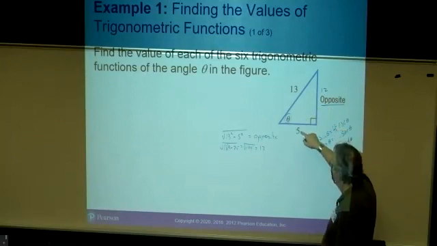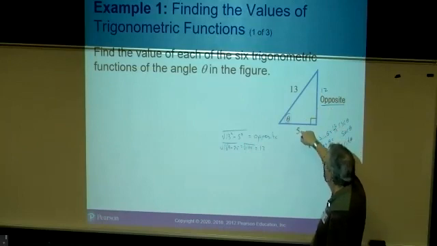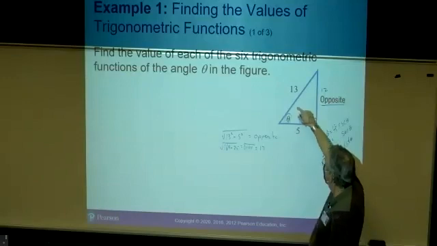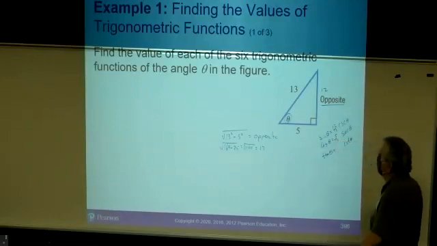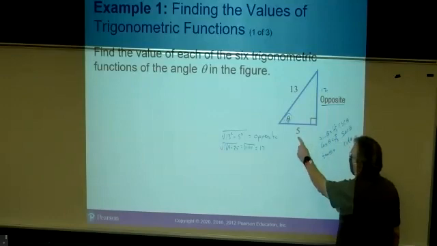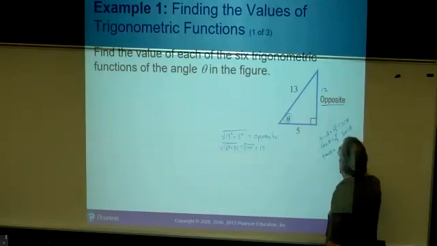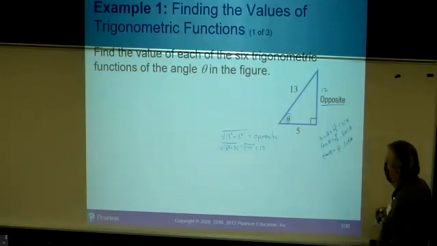The cosine is the adjacent side over the hypotenuse, or the length of the adjacent side over the length of the hypotenuse, which is 5/13. And tangent is the length of the opposite side over the length of the adjacent side. So that's going to be 12/5. You don't need to punch it into the calculator.